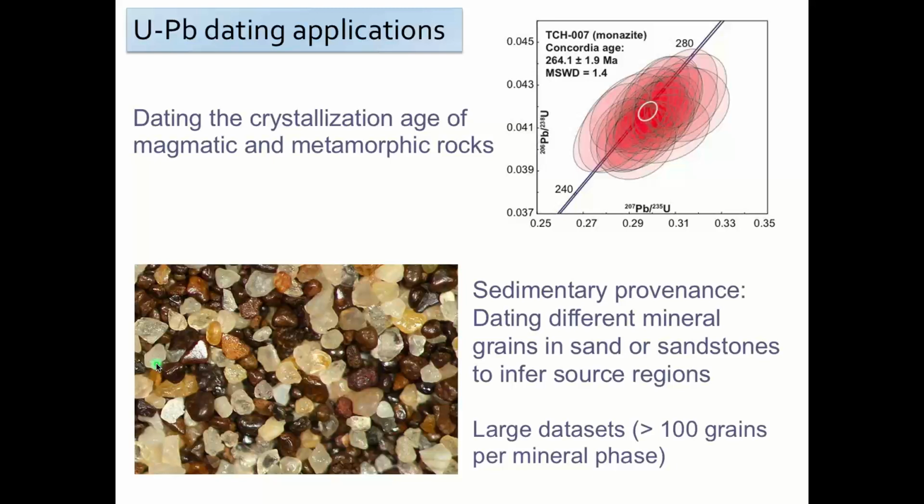But to do this, and to be statistically reliable, you really need large data sets, comfortably larger than 100 grains per mineral phase dated. And this is where some of the recent advances in laser ablation ICP-MS are really coming to the fore, the ability to rapidly produce large data sets.